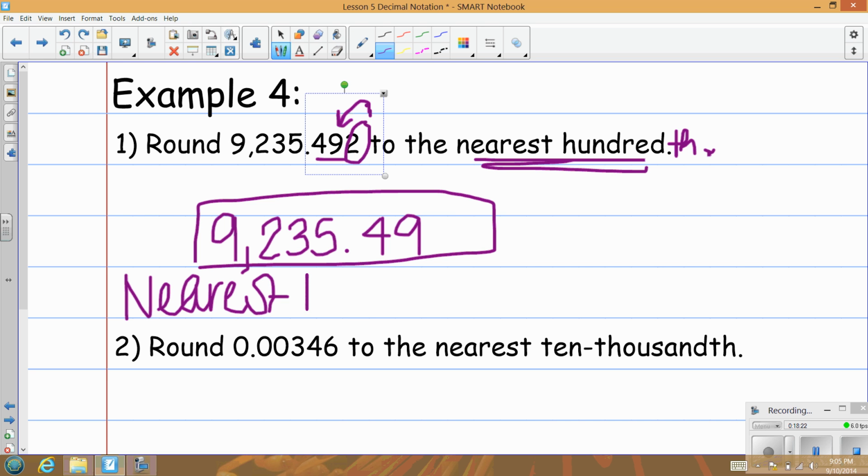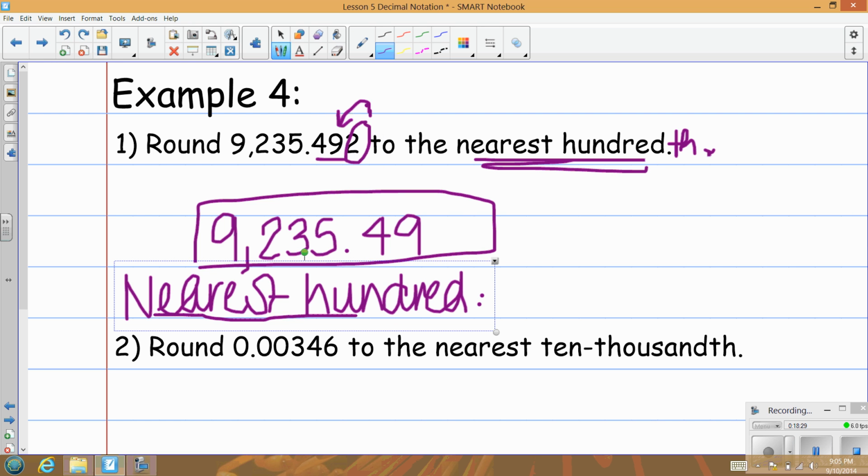So nearest hundred. Nearest hundred means if you look at this original number, the hundreds position is right here at this 2, so I'm still going to use the term to the right, and I'm going to decide, is it 5 or bigger, or is it 4 or smaller?